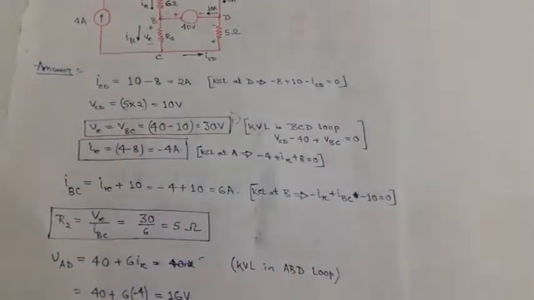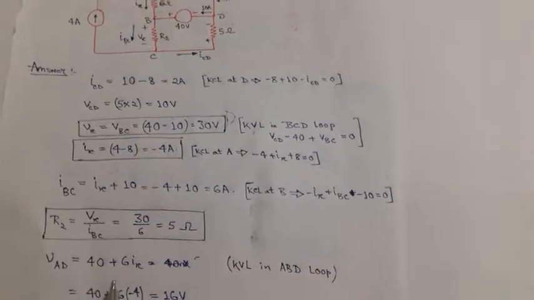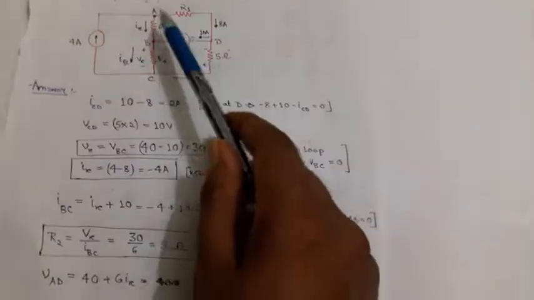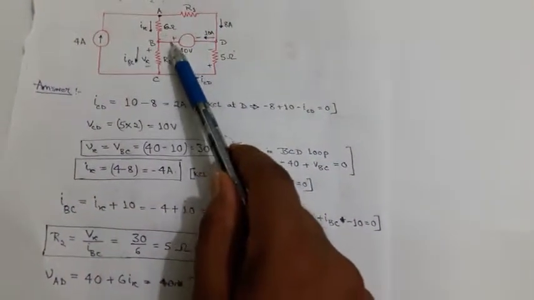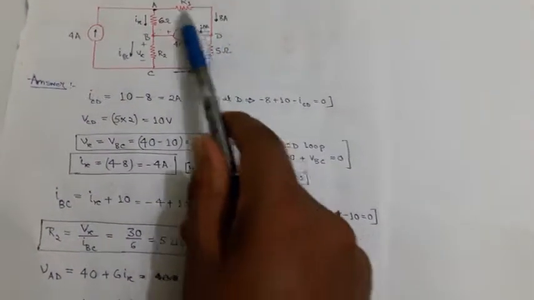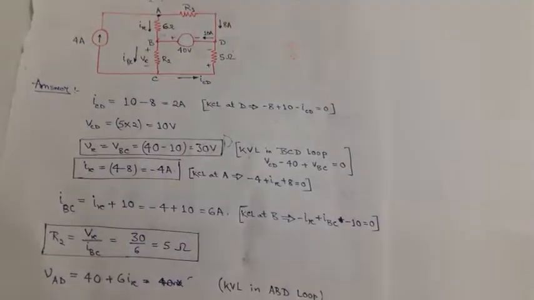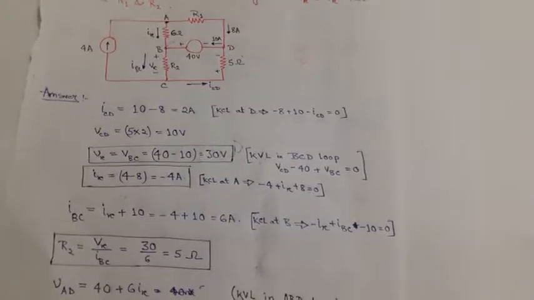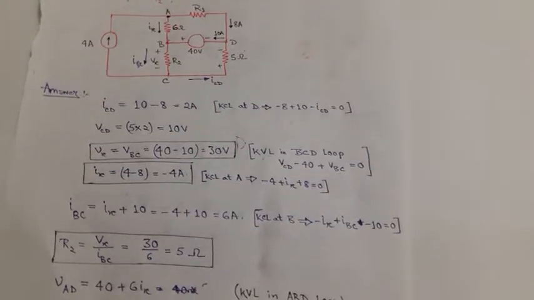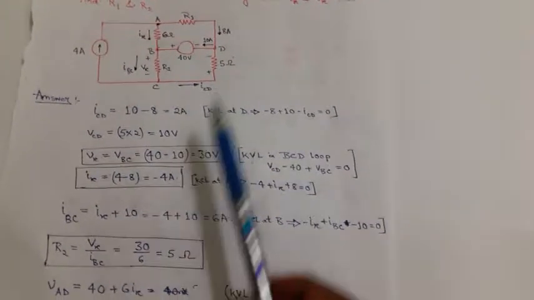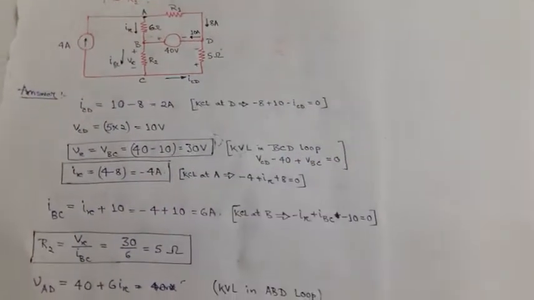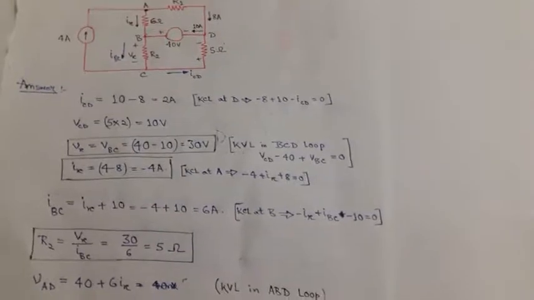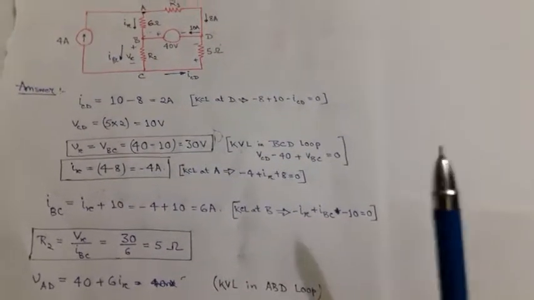Applying this KVL, I can find VAD is equal to 40 plus 6Ix, that is the voltage drop across here, so 40 plus 6 into minus 4 is 16 volt. From there I can find R1, because VAD is known and I know the value of the current, 8 ampere. So R1 is equal to voltage divided by current, that is 16 by 8, equal to 2 ohm.